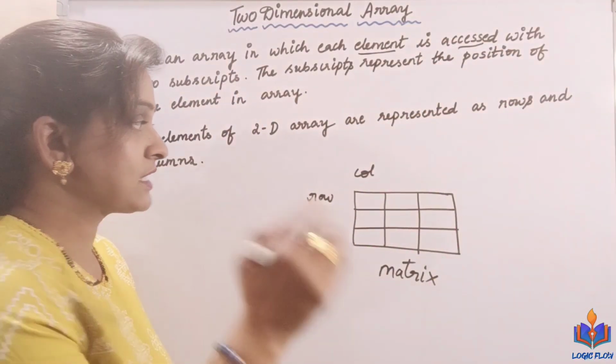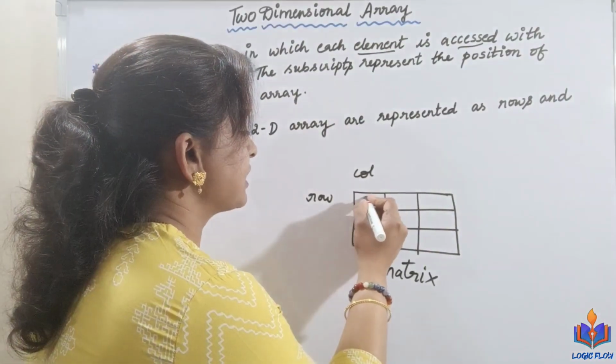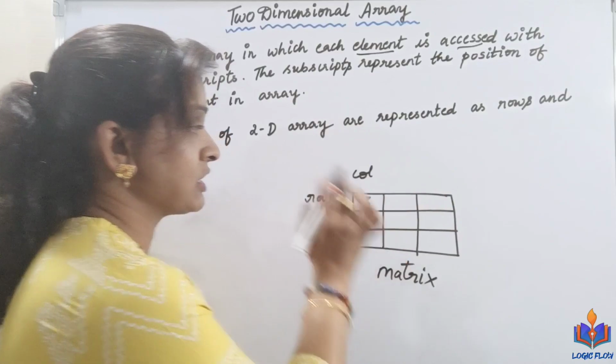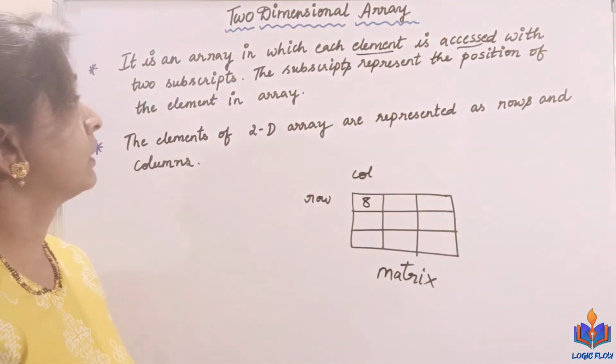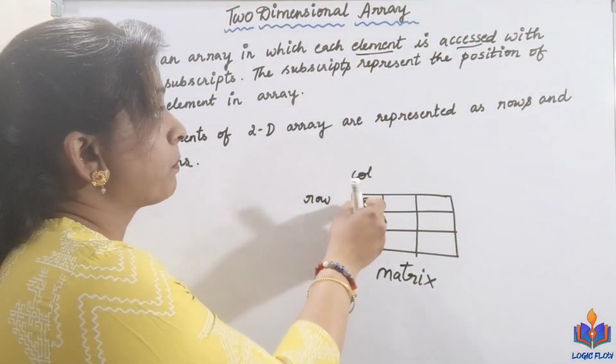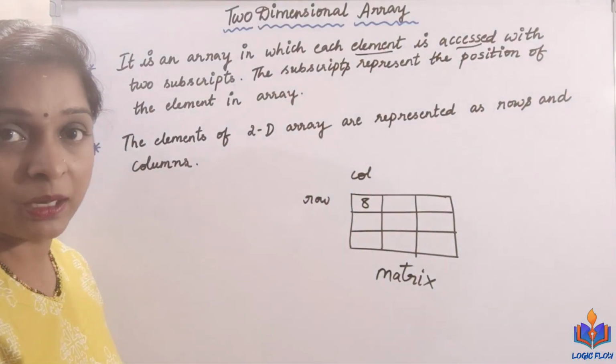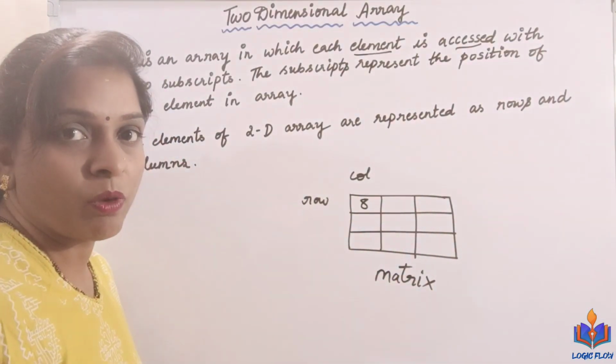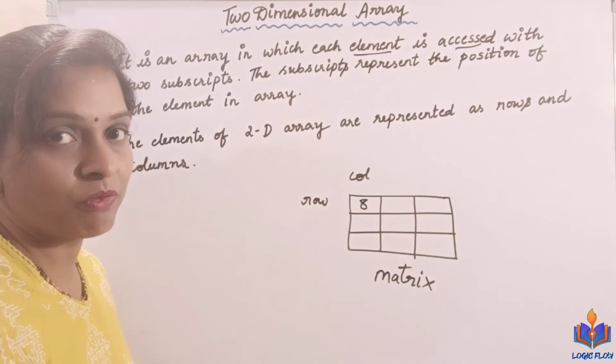So for example, if I want to access this element, say 8, I have to mention the row number as well as the column number. The subscripts represent the position of the element in the array. We always provide the index value or subscript value from 0.